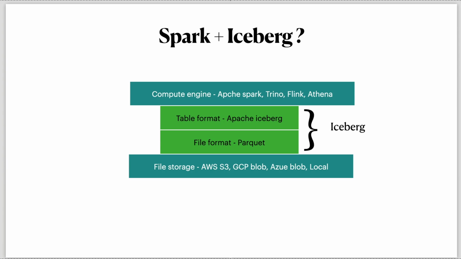We can map these layers to an actual tech stack. For example, in this diagram, the compute engine we can map to Apache Spark, Trino, Flink, and AWS Athena, which are data processing engines. The next layer is table format, which we can replace with Iceberg Open Table.